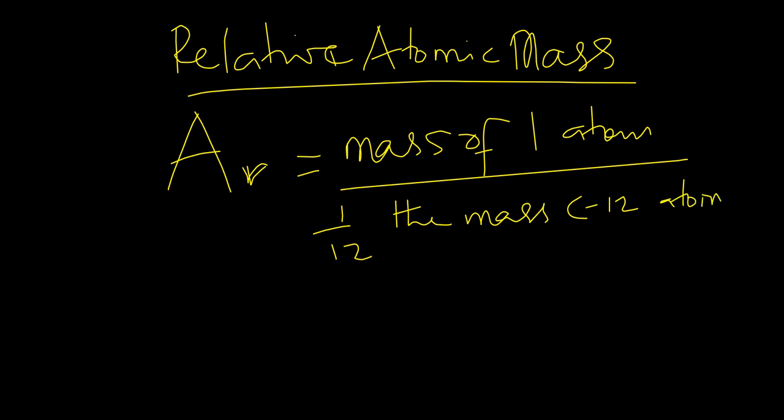So this is usually given by this formula. So we have the mass of one atom of a substance divided by 1/12 the mass of a carbon-12 atom. That is the relative atomic mass. Now, for those of you doing integrated science, you will not need to put this formula into your head. However, your friends doing elective chemistry will necessarily have to memorize this formula, and they would have to also learn about the calculation of relative atomic masses.